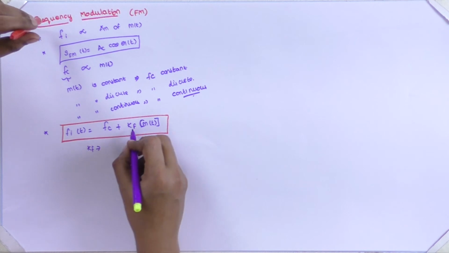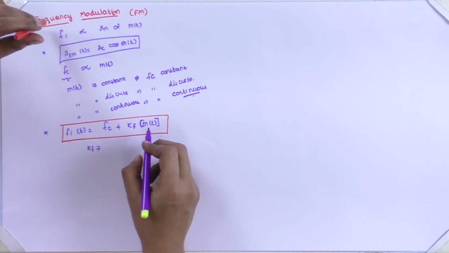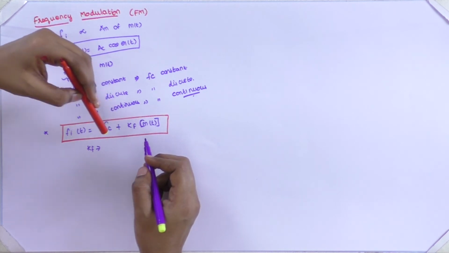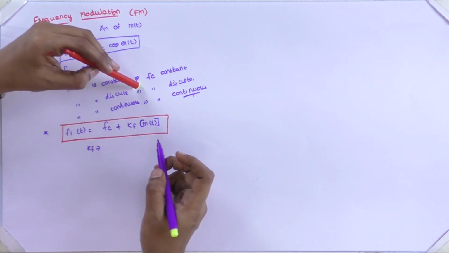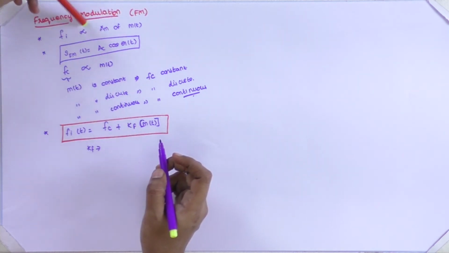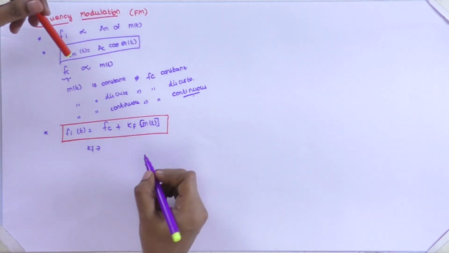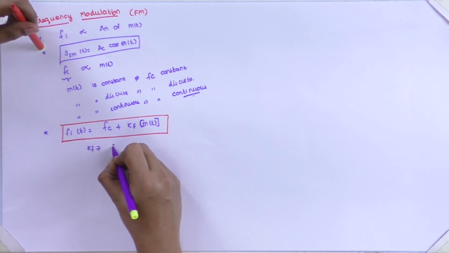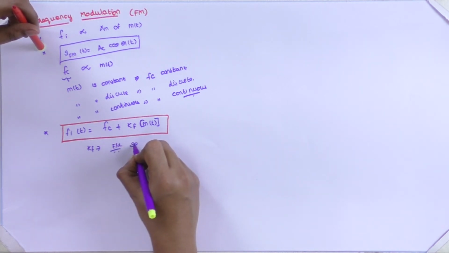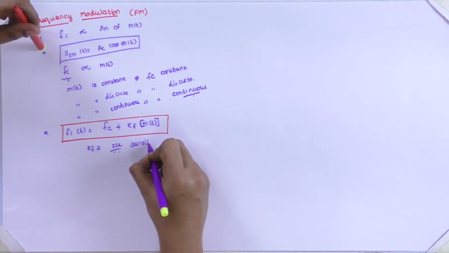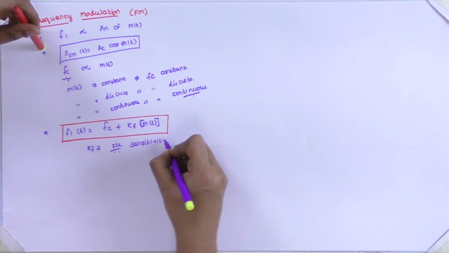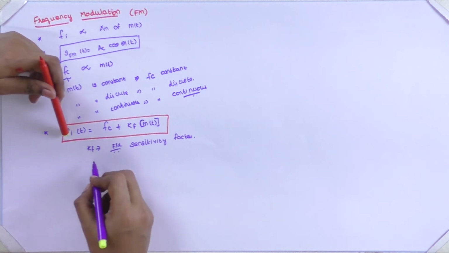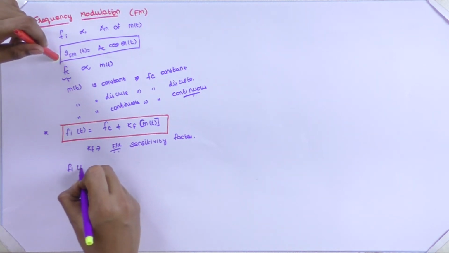Here we are referring to it as the proportionality constant Kf. Since our carrier frequency will be the same, it is only increasing or decreasing depending upon the message signal. Therefore, we will have a deviation over here. Kf is referred to as the frequency sensitivity factor.